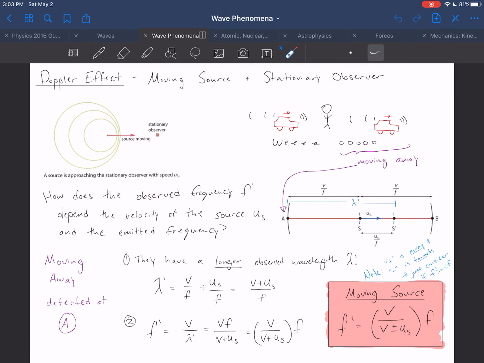So we then do the same steps to find our observed frequency here. The observed frequency is equal to the wave velocity divided by the observed wavelength. And we get that that is equal to v f divided by v plus u sub s, and inverting it, f prime is equal to v over v plus u sub s times f.